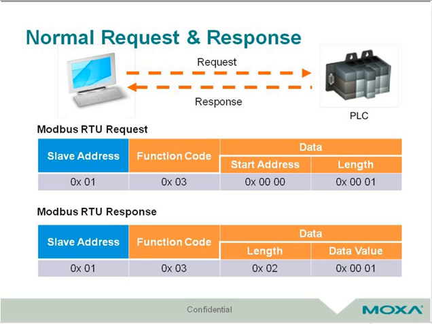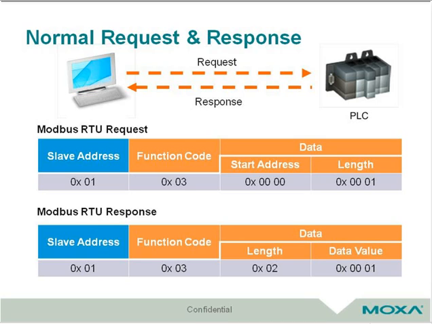And let's see what has been responded. First, the slave address shows the response is from slave ID 01. And the function code shows this response is replied to a command whose function code is 03, read holding registers.